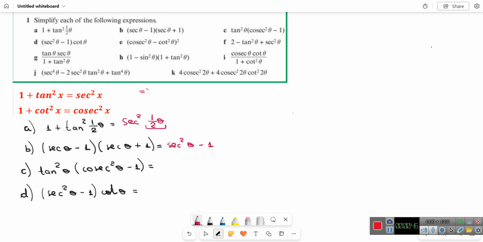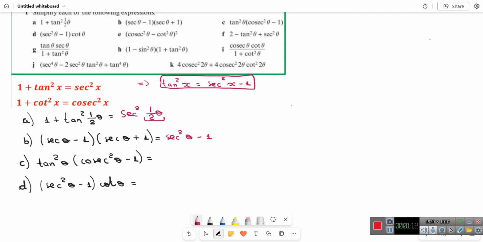If I rearrange the identity, I have tan squared of x is sec squared of x minus 1. So I can rewrite sec squared of theta minus 1 as tan squared of theta.